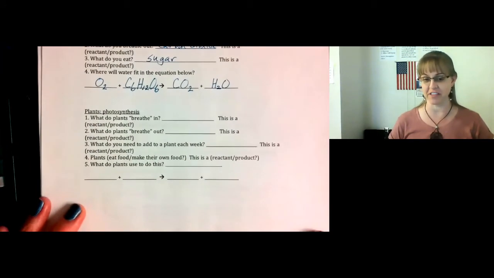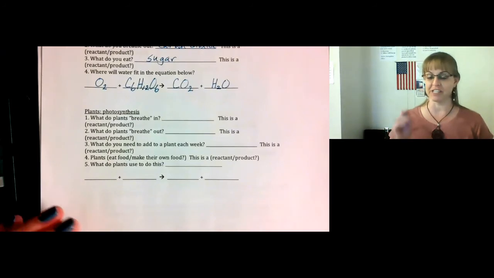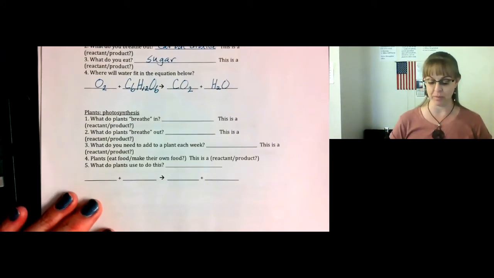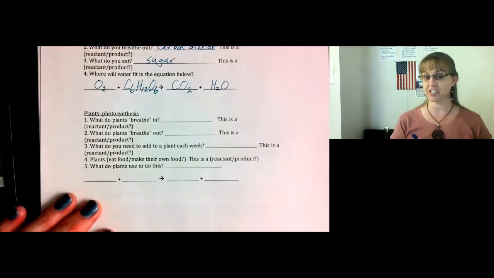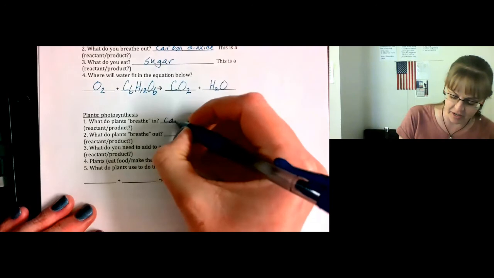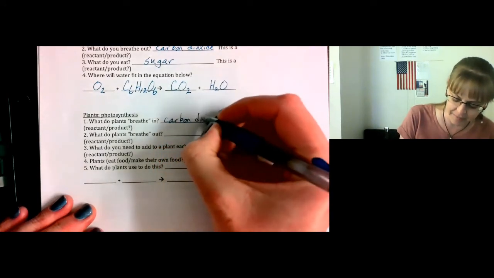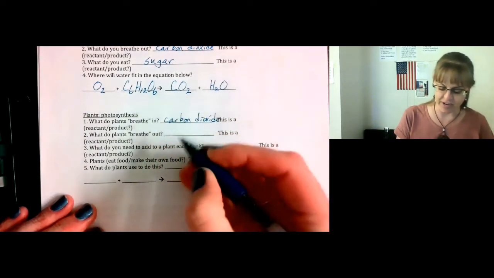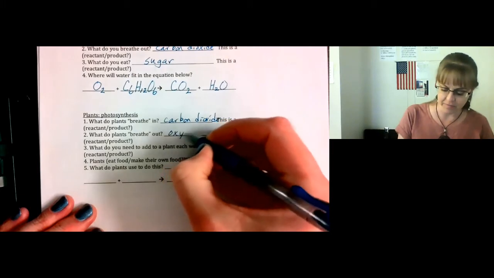So how does photosynthesis work? Remember, it's the exact opposite of people. You breathe in oxygen and you breathe out carbon dioxide. Plants do the opposite. They breathe in carbon dioxide and they breathe out oxygen. Okay, so plants don't actually breathe.